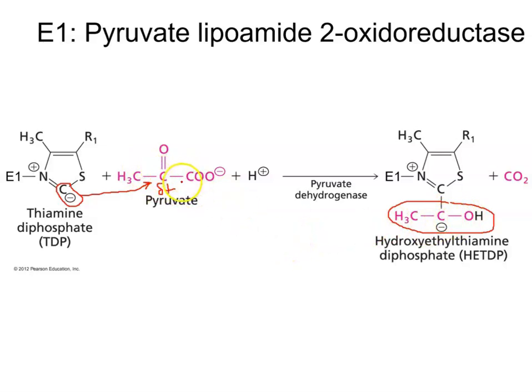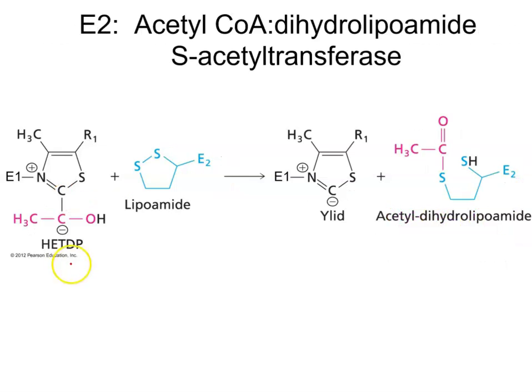Because of the electrons associated with that carbon, these electrons pop off and form a carbon dioxide group, and then the electrons can jump up onto the more electronegative oxygen, and we've also added a hydrogen here, so we have an alcohol group forming. So now we have this hydroxyethyl group attached to that vitamin B1 coenzyme.